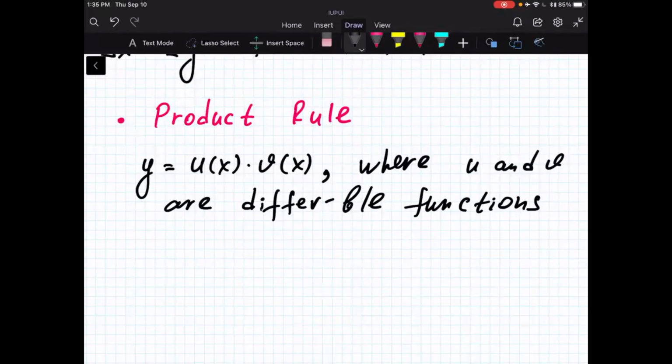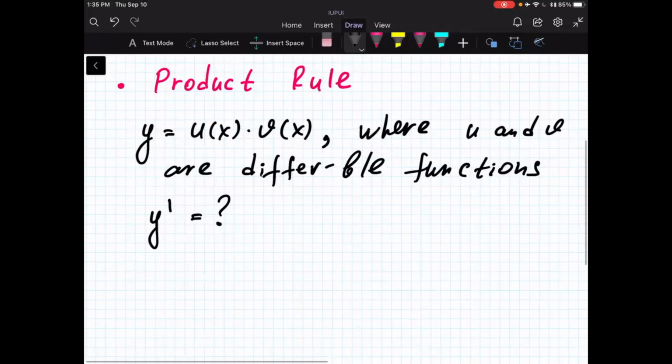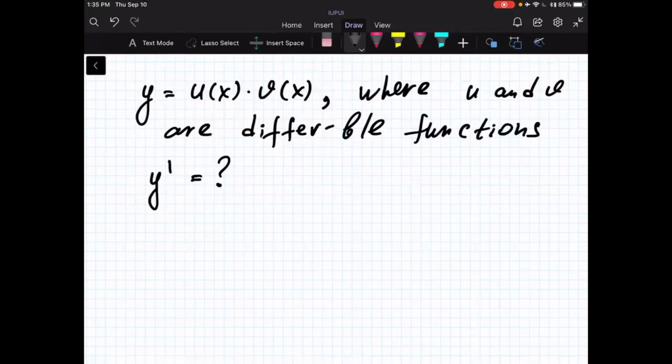And suppose we want to calculate the derivative of such function. In order to do that, let's do our 3 steps, or 4 steps.